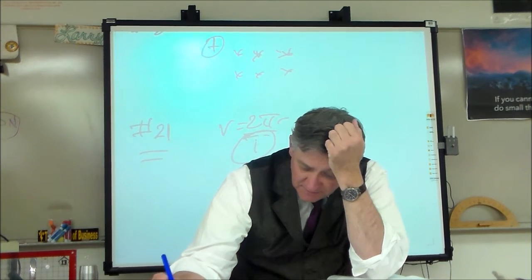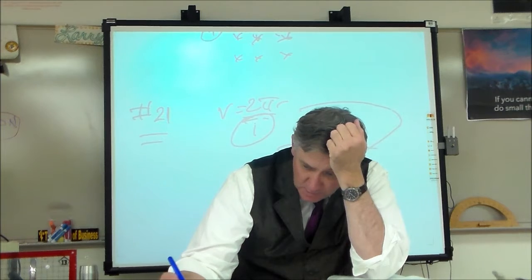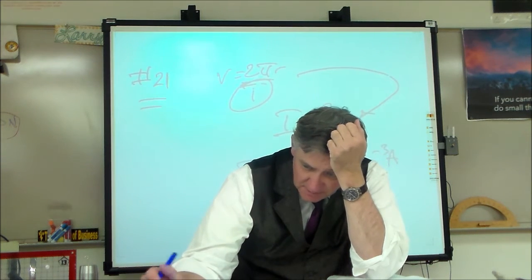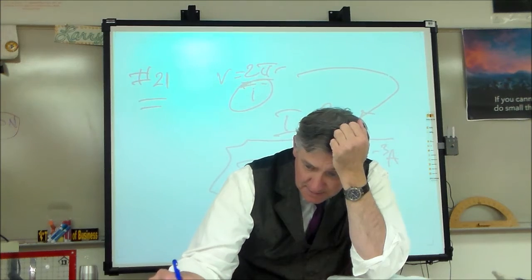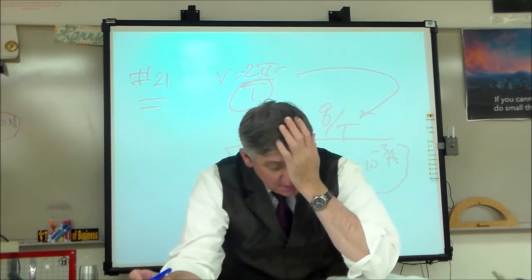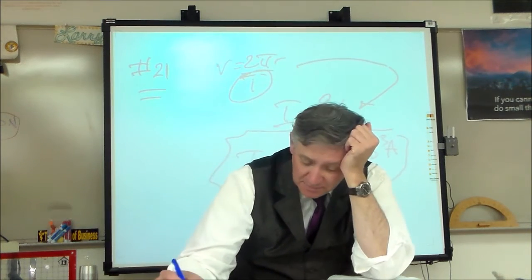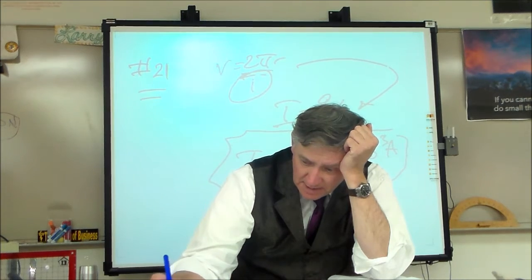Or you can circumvent that a little bit and go current equals Q over T, and put that in there. And if you do this right, you get a current of 1.06 times 10 to the negative 3rd amps, which doesn't seem like a lot until you plug it into a magnetic field, B equals mu naught I over 2R.